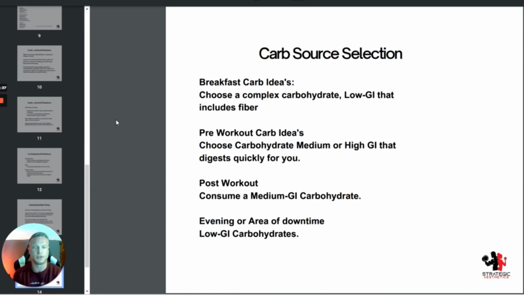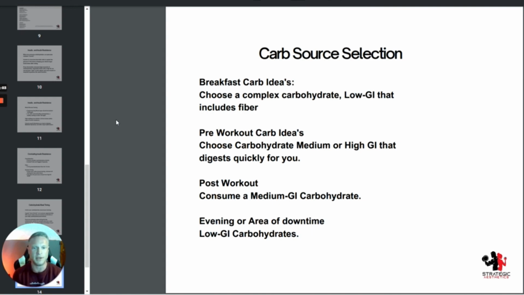Okay, carbohydrate source selection based around your time. Say you are going to train in the evening. In the morning, we want to choose a complex carbohydrate that's low on the GI, and that's going to include fiber. Pre-workout, we're looking for something medium or high GI, something that digests quickly for you.